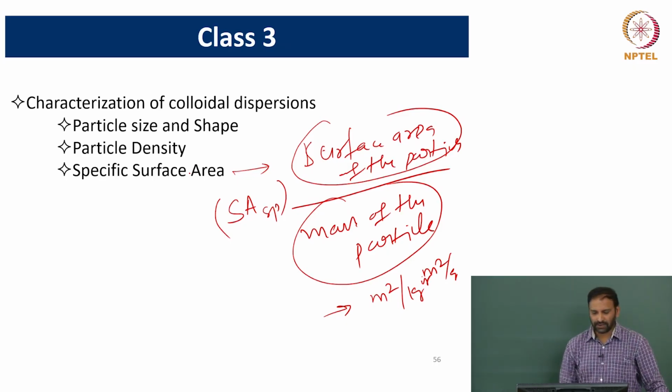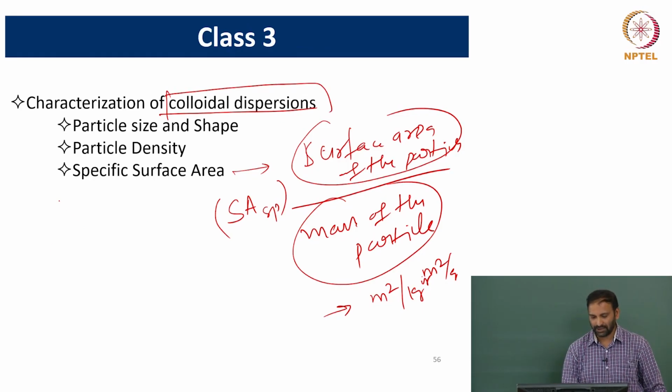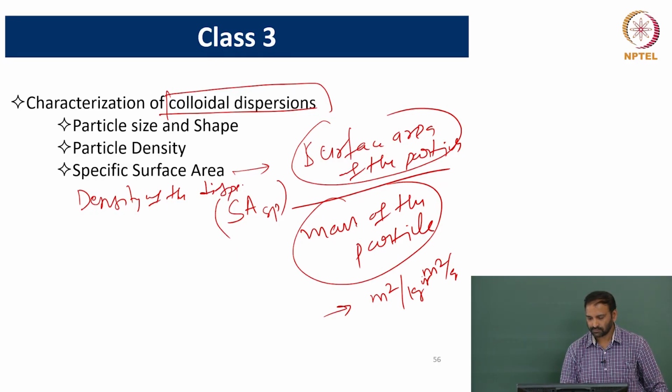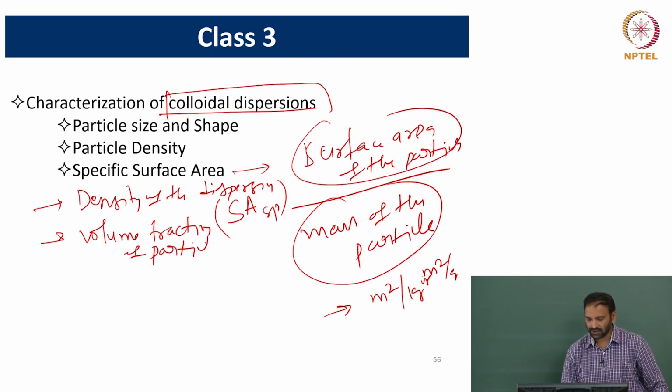One may also be interested to look at the properties of the dispersion itself. So for example, one may be interested to look at the density of the dispersion. One could also be interested to look at what is called the volume fraction of particles in the dispersion, which is defined as phi.